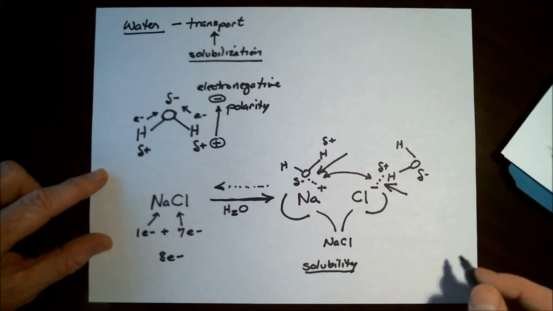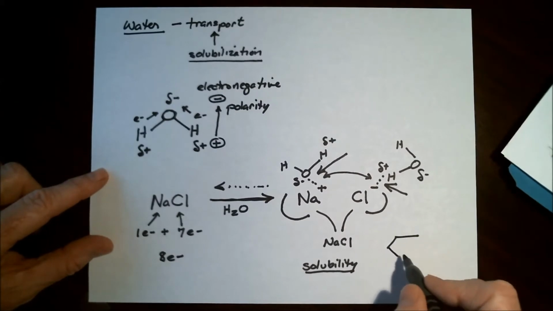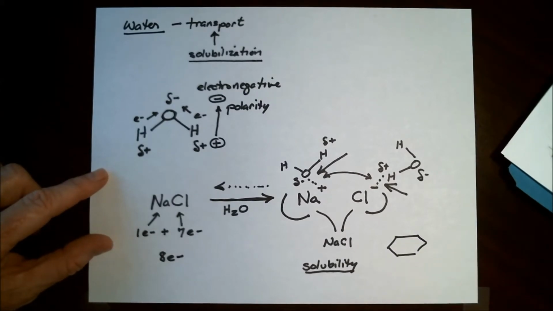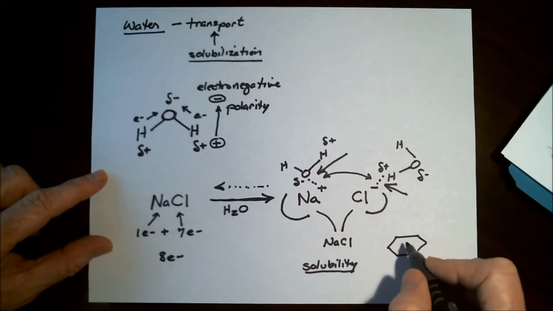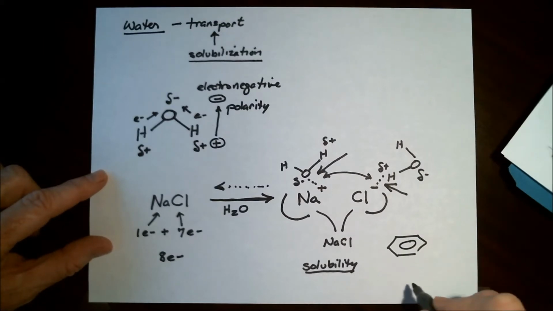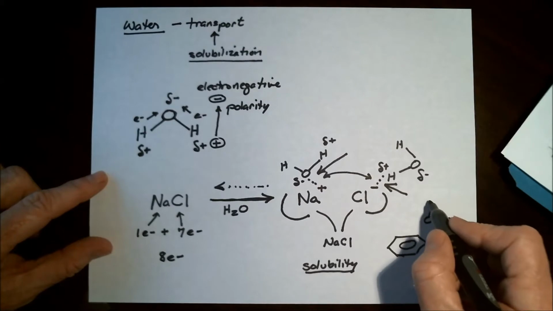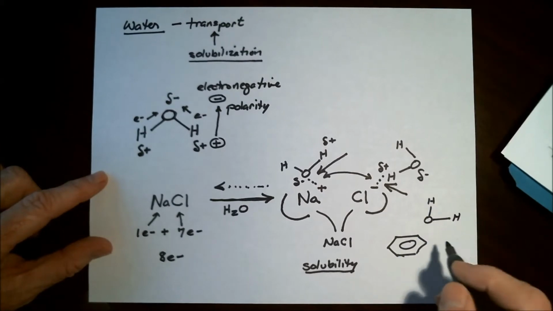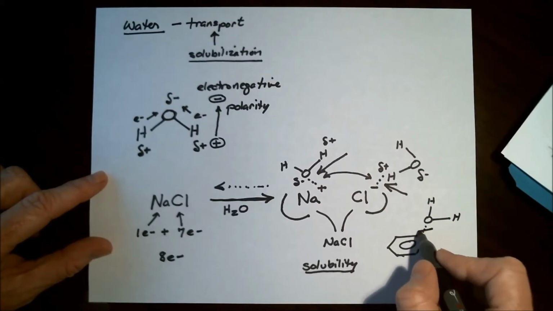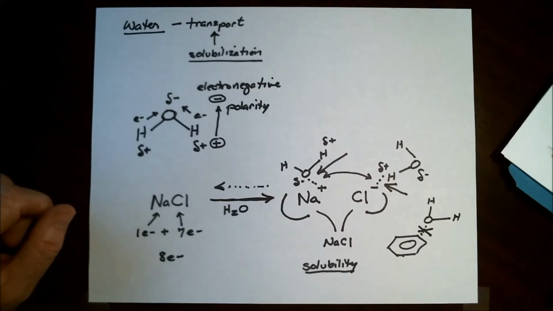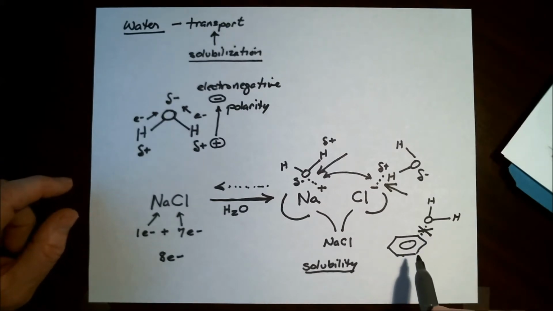The counterexample of that is to take a hydrophobic molecule. Something hydrophobic, let's say that this is a benzene ring. There's no potential interaction here with water. And if water cannot interact with this, then there's no productive water bonds, and therefore there is no solubility.